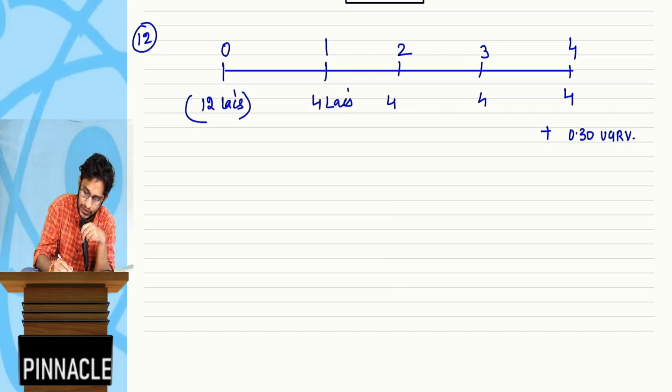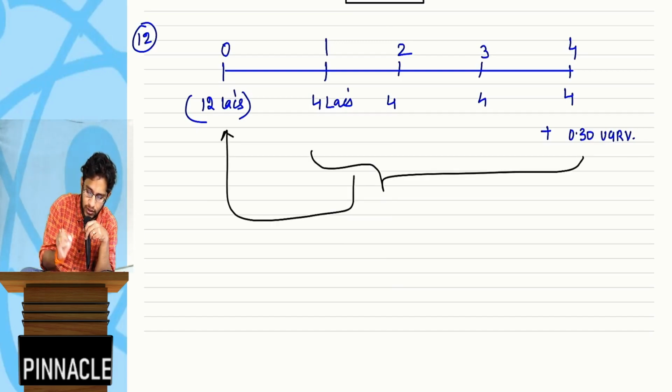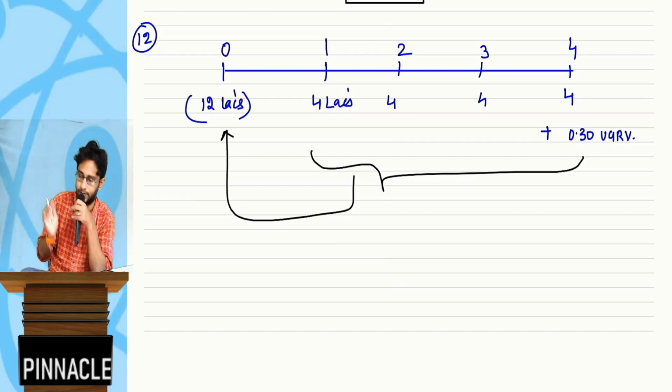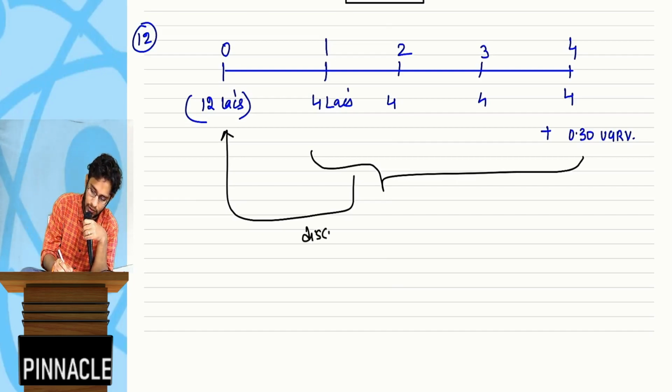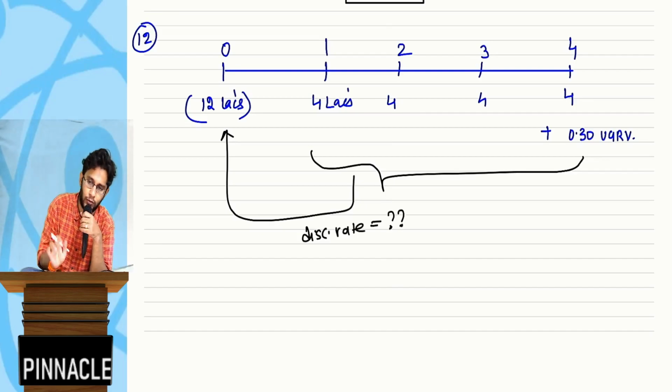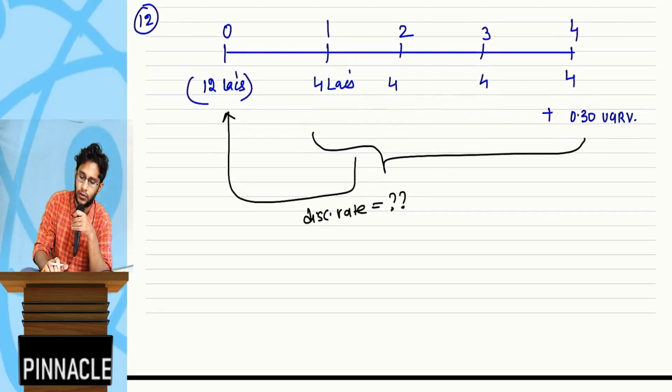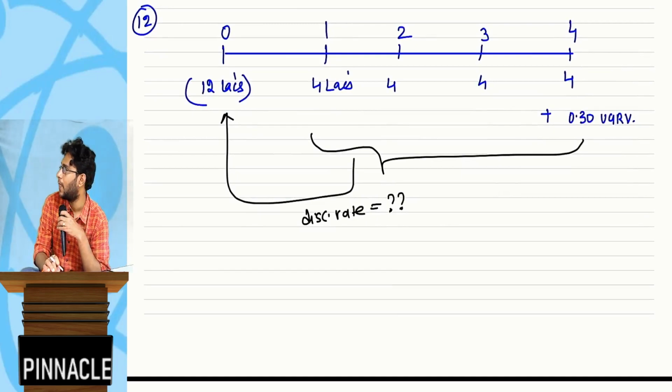Your job basically is to go and fetch one discounting rate which will equate these two. The discounting rate I want. I really do not know, but I have to do trial and error and get this.